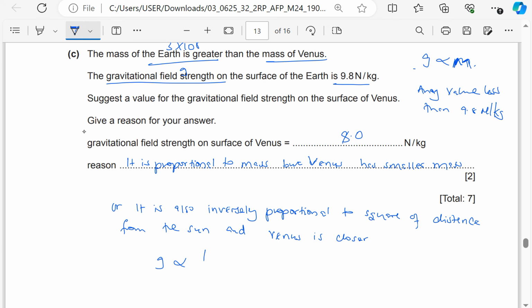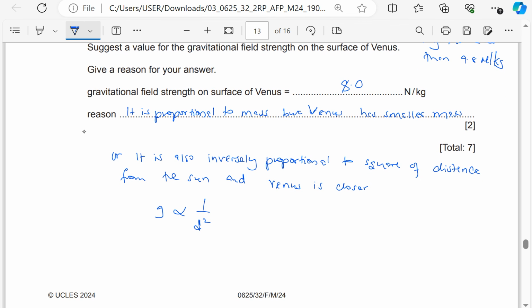G is inversely proportional to the square of the distance from the Sun. Because Venus is closer, its distance is smaller.